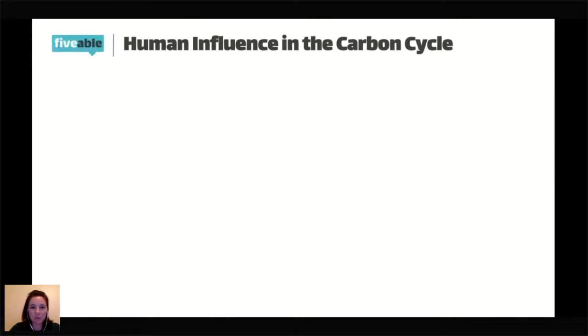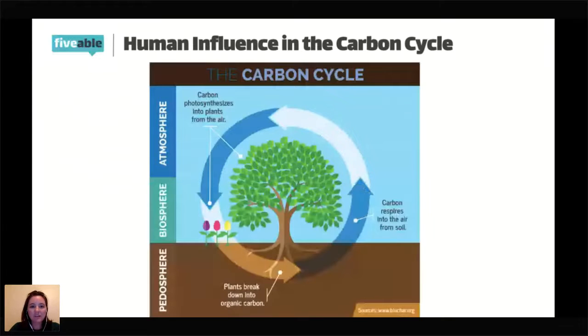Okay, cool. All right, so as we discussed earlier, the carbon cycle left to its own devices is pretty balanced. So you have the carbon dioxide in the atmosphere, and then plants photosynthesize that and assimilate that into their plant tissue.